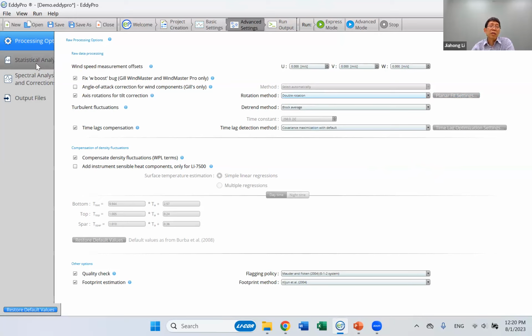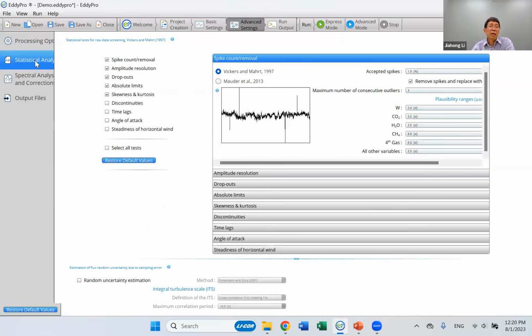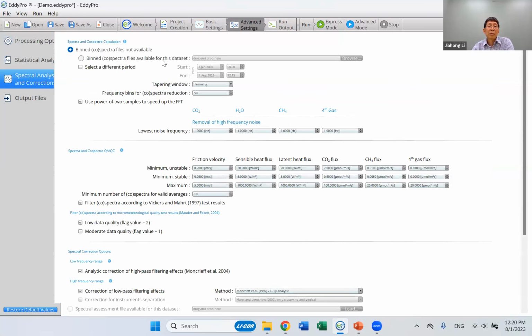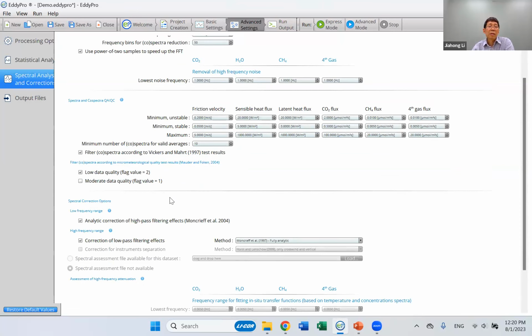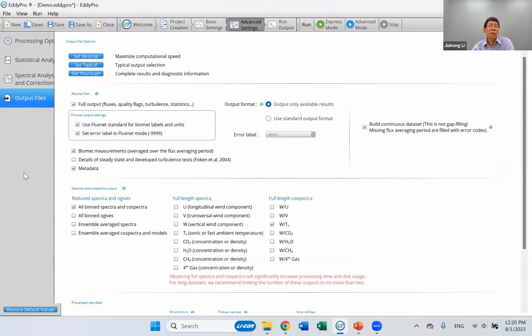Here we can see all the methods for data processing, like the flags we're talking about, the spectral correction we're using, and also the output. So in advanced mode, you can change what you want to do.